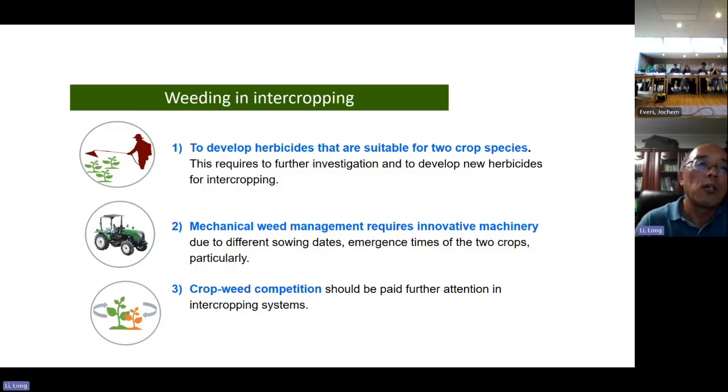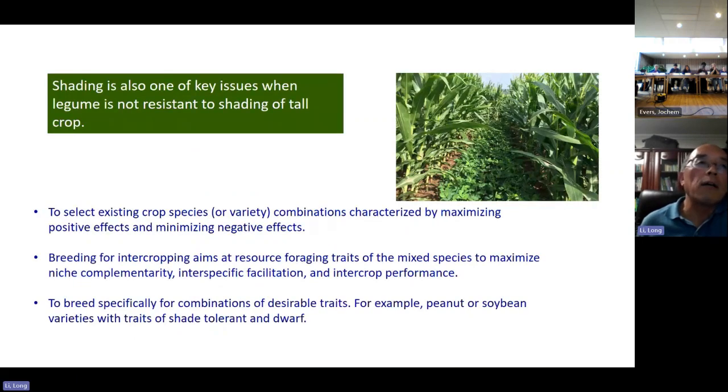I think that is a good direction for intercropping. Also shading is one of the key issues, as legumes are not resistant to shading by tall crops. That relates to selecting crop species or variety combinations, and probably future breeding for intercropping. Yeah, that is very important.